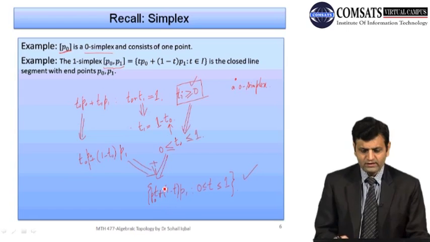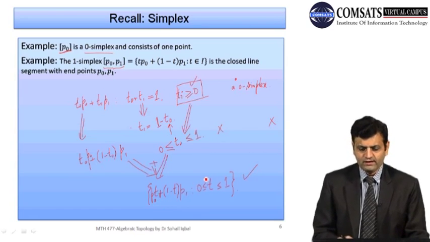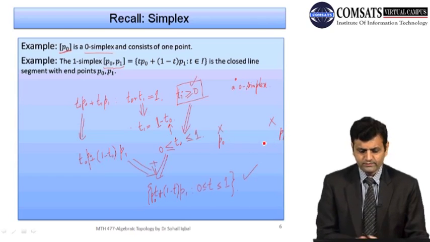If you take 2 points in any space, then when I take t equal to 0, I will get the point P1. When I take t equal to 0.5, it will give me some other point, but eventually when I take t equal to 1, it will give me P0.